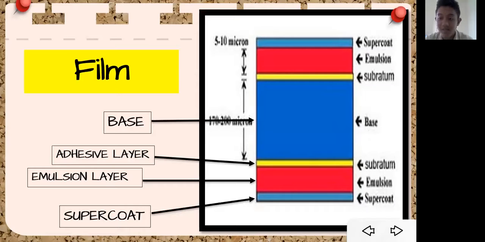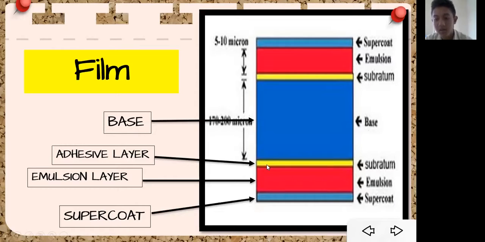Emulsion consists of a mixture of gelatin and silver halide crystals, which are sensitive to X-ray and light photons. This layer is the most important thing in making the radiographic image. And then there is the adhesive layer. The adhesive layer ensures uniform adhesion of the emulsion to the base.